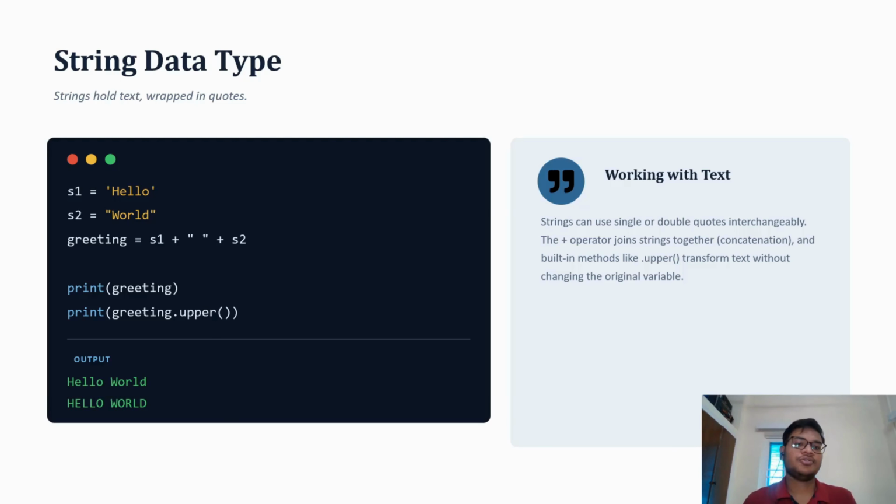A string holds text wrapped in quotes or double quotes. S1 equal to hello, S2 equal to world, greeting equal to this also. So let's do it practically, and working with text means what? I will also explain before doing some practical work.